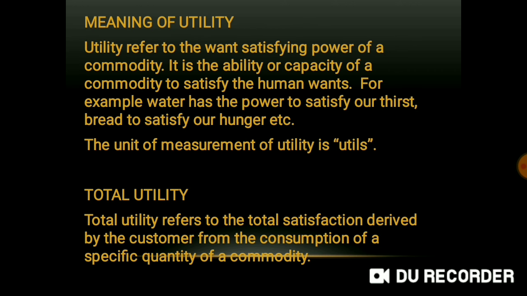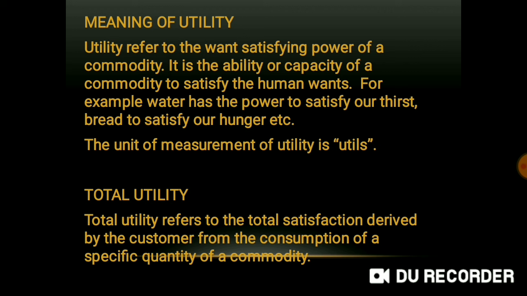Now let us understand the meaning of utility. Utility refers to the satisfying power of a commodity. It is also the ability or the capacity of a commodity to satisfy human wants. For example, whenever we are thirsty, we drink water in order to satisfy our thirst.